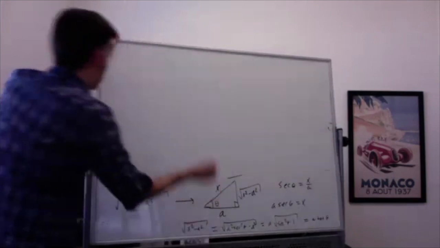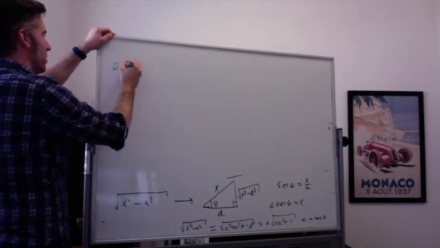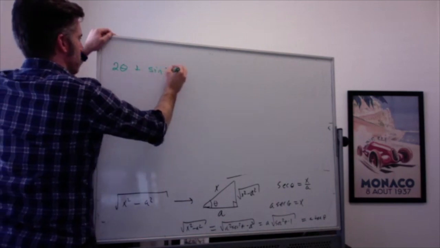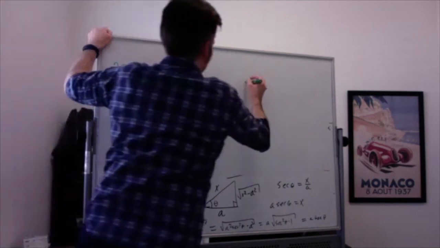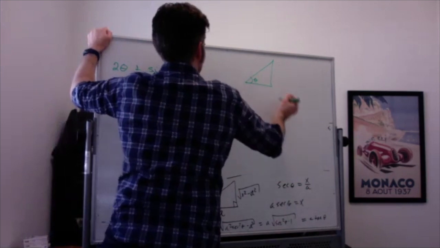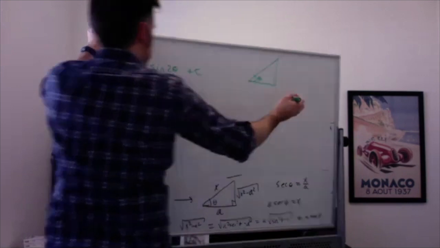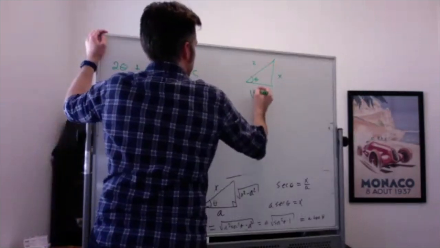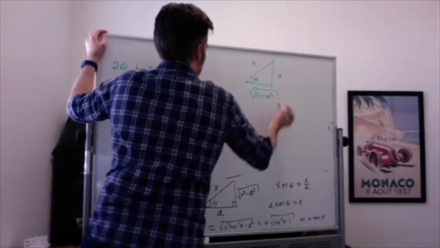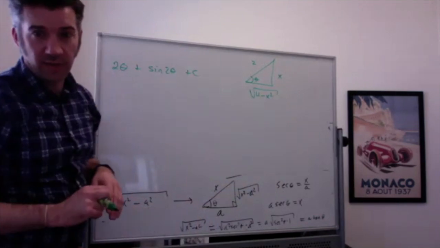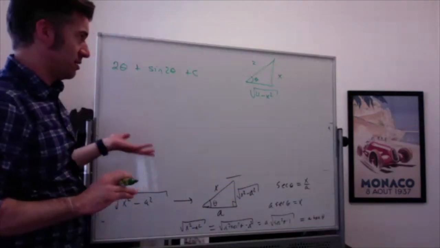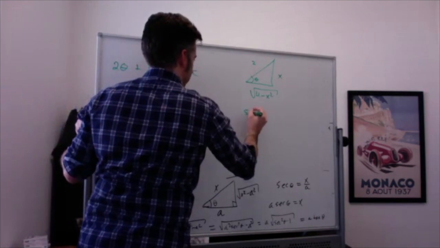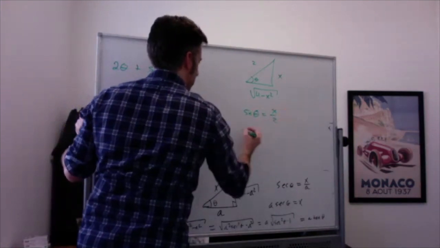So here's what we've got. We've got our answer, which is 2 theta plus sine of 2 theta plus c. And we've got this, x over 2. To solve this in what's considered an appropriate way, we have sine of theta equals x over 2.